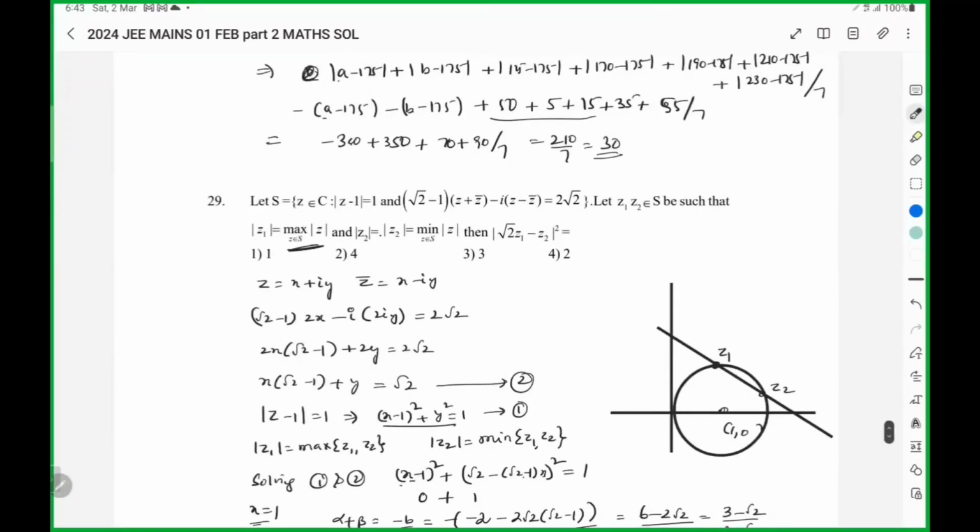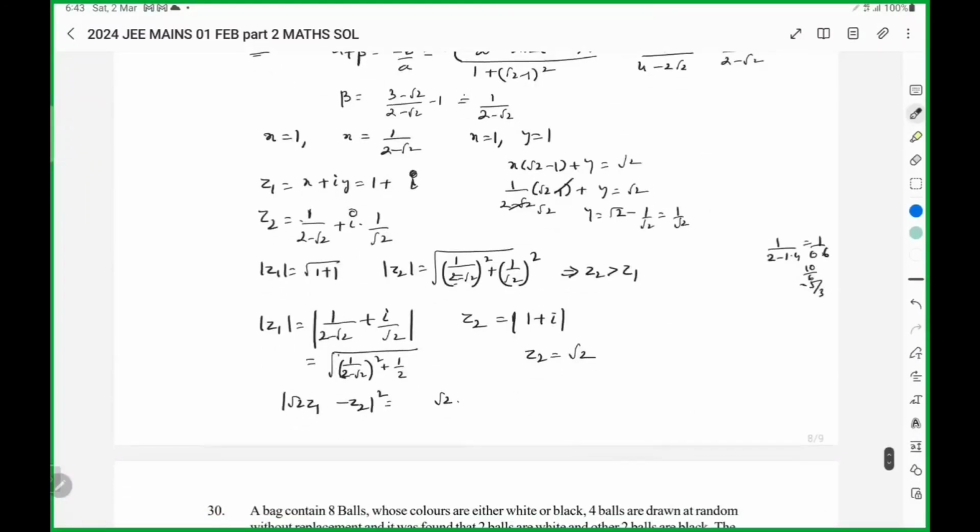Z1 means maximum. Maximum means, see, this is maximum for us. Don't get confused with the Z1. Let me say some omega 1, omega 2.